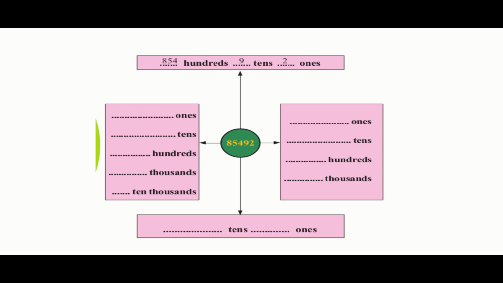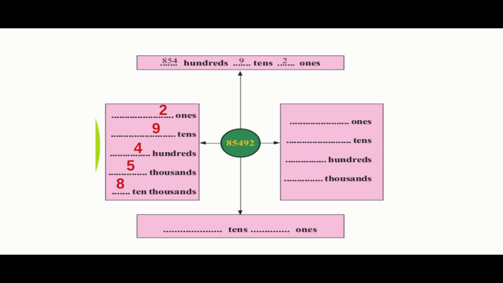On the left side, look at the bottom: 10,000s. 8 is in the 10,000s place, so 8 ten-thousands. Then 5 is in the thousands place, so 5 thousands. 4 is in the hundreds place, so 4 hundreds. 9 is in the tens place, so 9 tens. And 2 is in the ones place, so 2 ones.